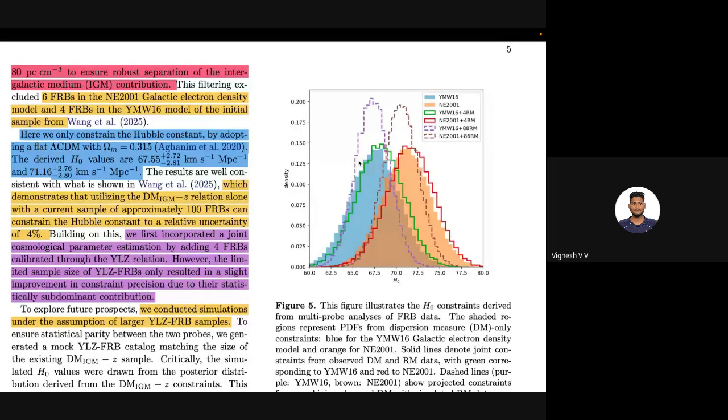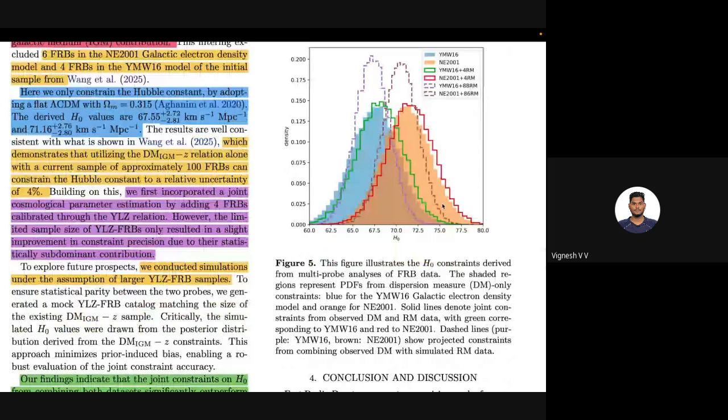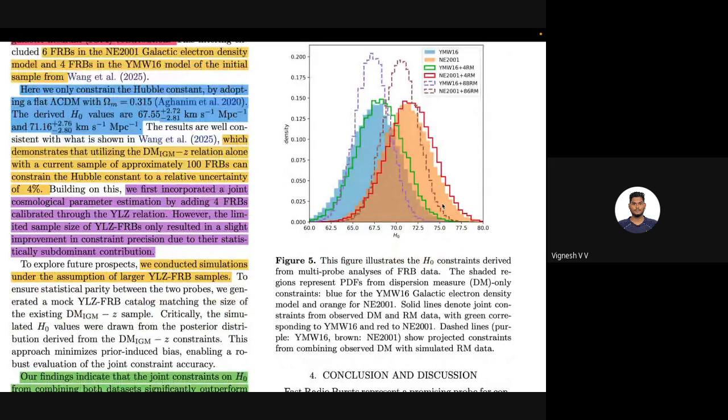You can see the green curve and the red curve in figure 5, which correspond to the rotation measure added to both the YMW16 and NE2001 models. So in order to find out the statistical significance, they simulated 100 FRBs with the help of the DM relation, and they simulated 100 FRBs with the help of the YLZ relation, which is given in the purple and brown box lines.